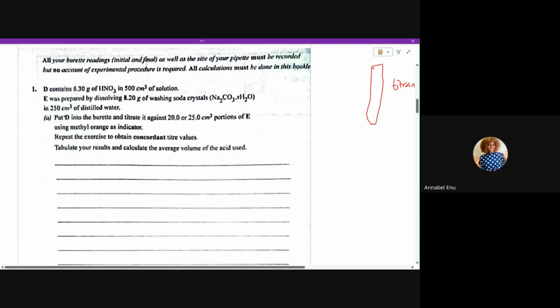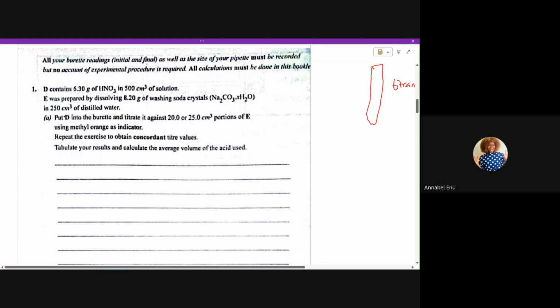Now, these are like an introduction to the reagents that you're going to be using. So we have HNO3 and Na2CO3. That is washing soda crystal.